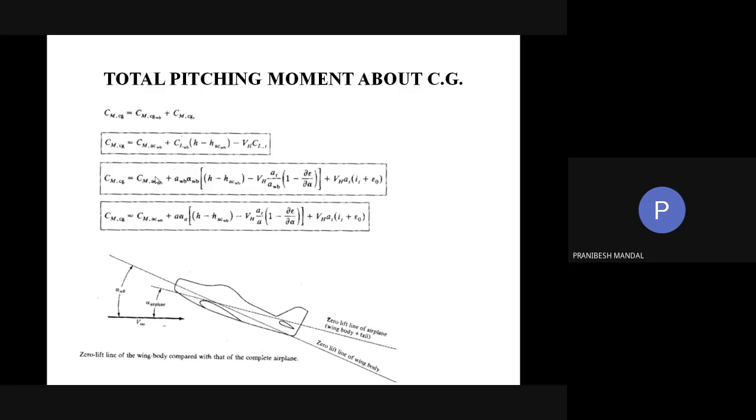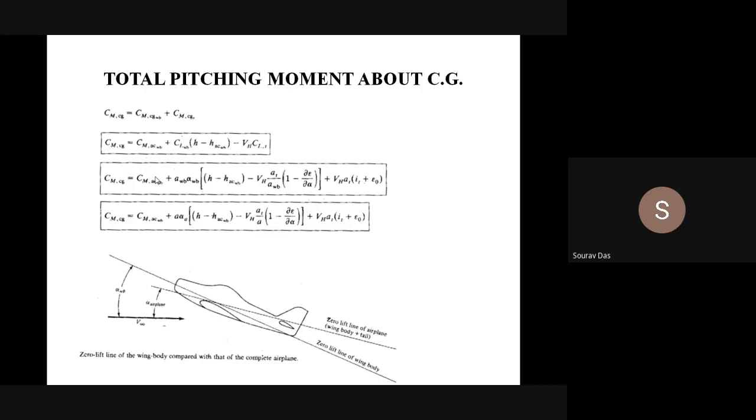So are you convinced that the tail setting angle is solely responsible for making CM0 positive? Yes, sir. Other things we cannot change at our own will. Understood? Yes, sir.